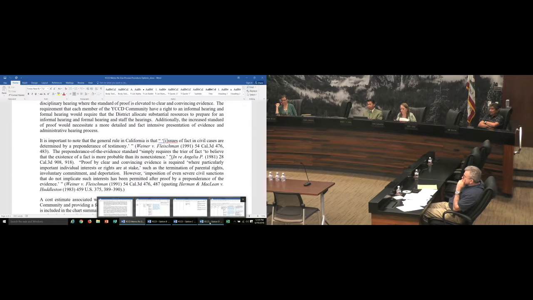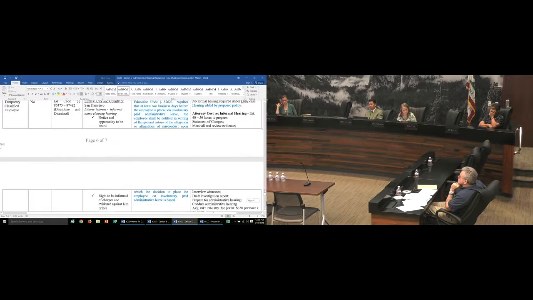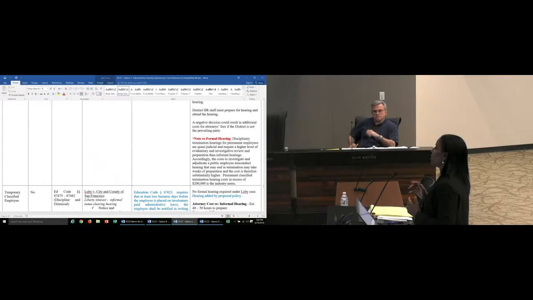And in the comparison of the charts, on option C, one of the things that I wrote was that disciplinary termination hearings for permanent employees are quasi-judicial. So even though it's preponderance of evidence, there's a stricter requirement on how you conduct yourself and how you introduce the evidence, so it is a higher standard.